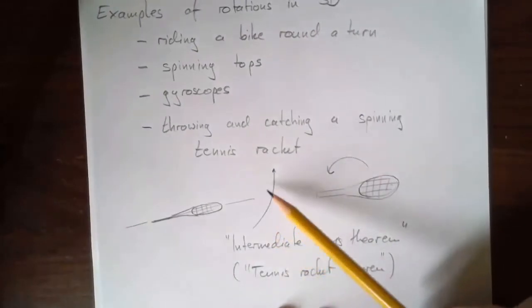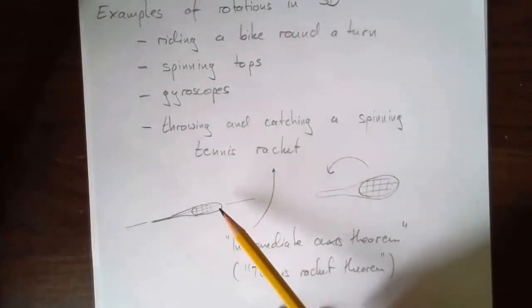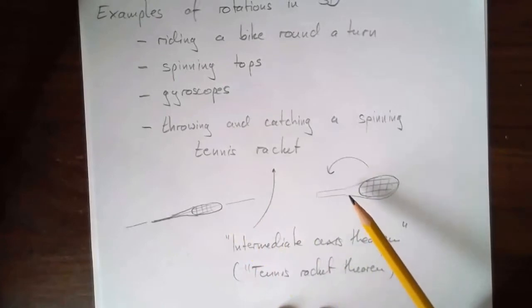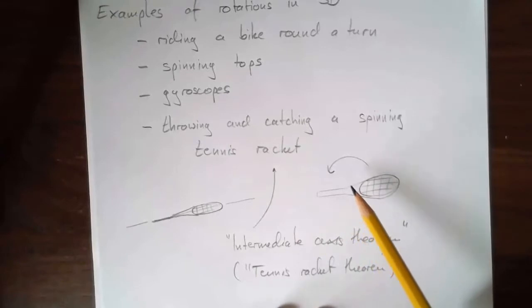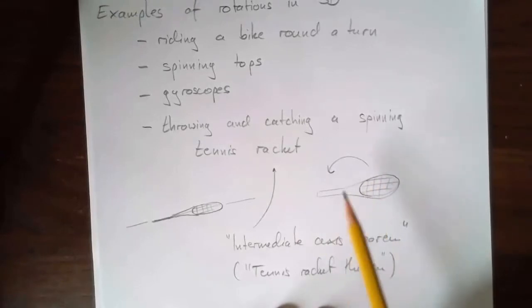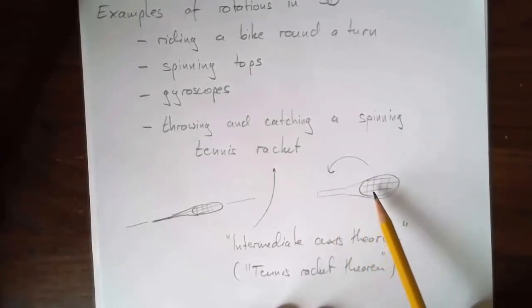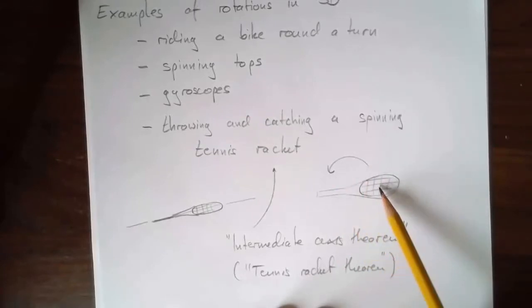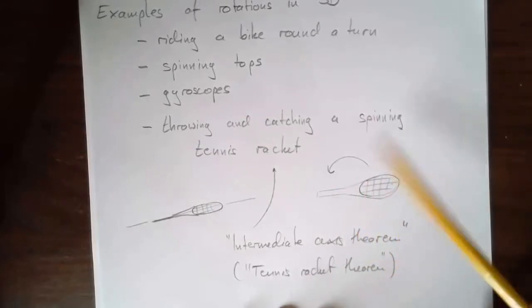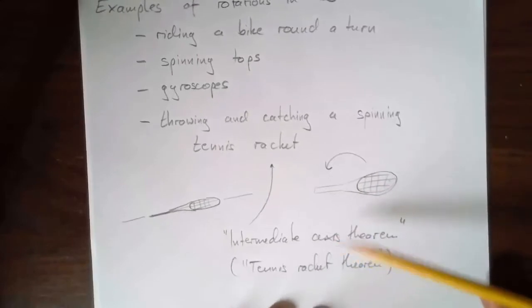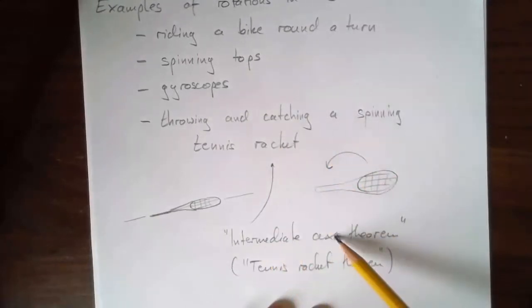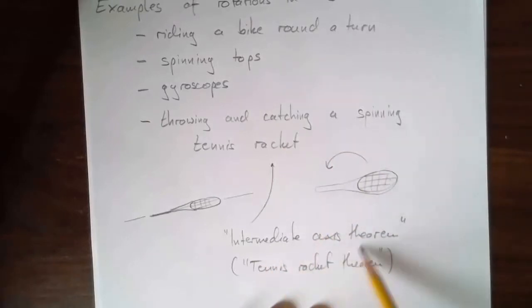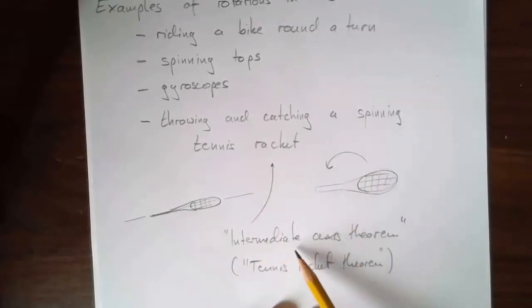It essentially says there are 2 axes around which this can spin in a stable way, but if you try to spin it on the 3rd axis, the racket will adjust its direction of rotation. So it's to do with the stability of rotation around particular axes. It's super interesting stuff. Now, I suggest you just look this up, go online, maybe on YouTube, and find some examples of this, so you can at least see what I'm talking about.